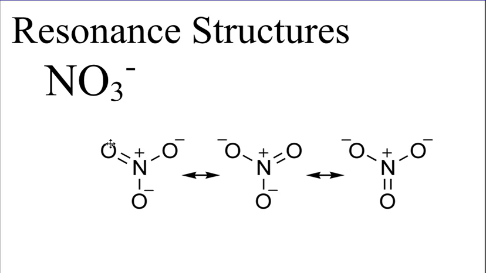However, experimentally, nitrate doesn't behave as though it has a double bond and 2 single bonds. It behaves as though it has something between a double and a single, for all 3 of its bonds. And the length of the bond determines how strong that bond is.